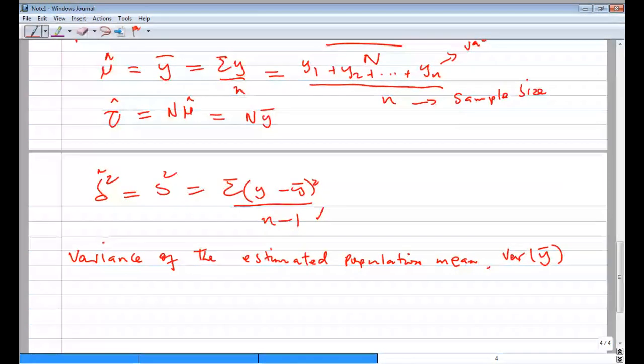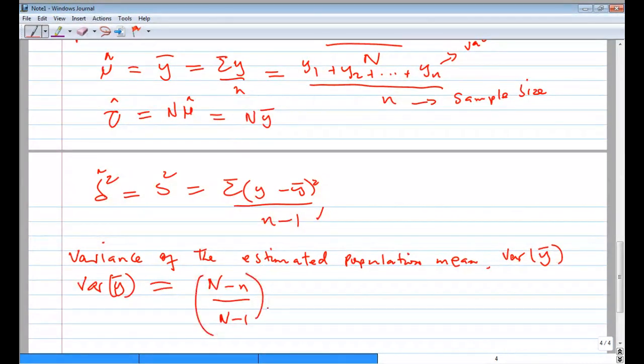And var of y bar is equal to N minus n divided by N minus 1, times sigma squared over n. That is the variance of the estimated population mean.